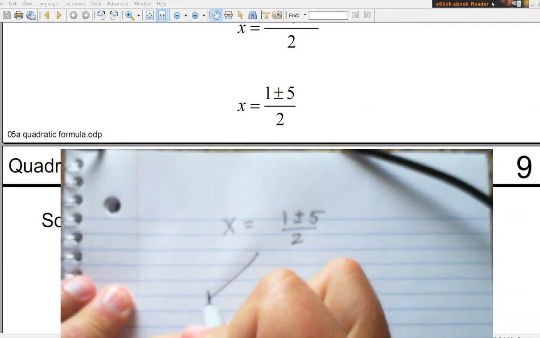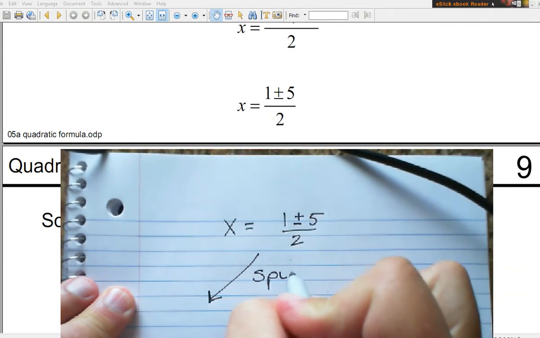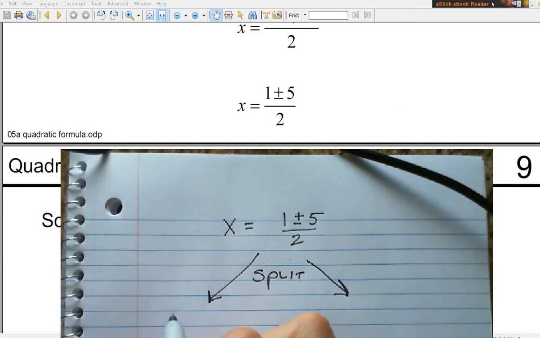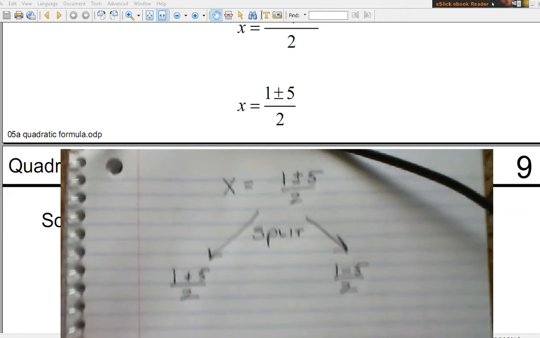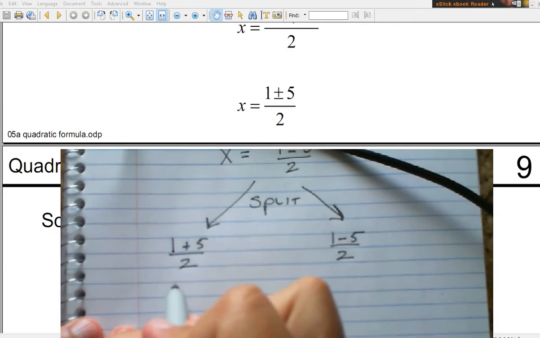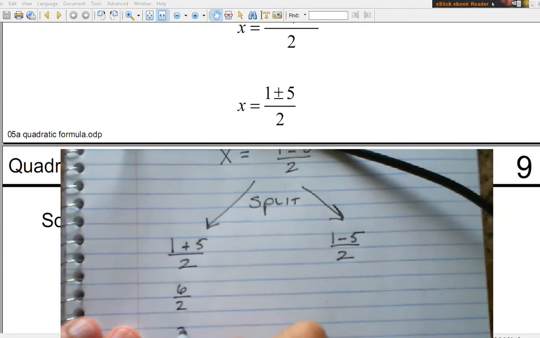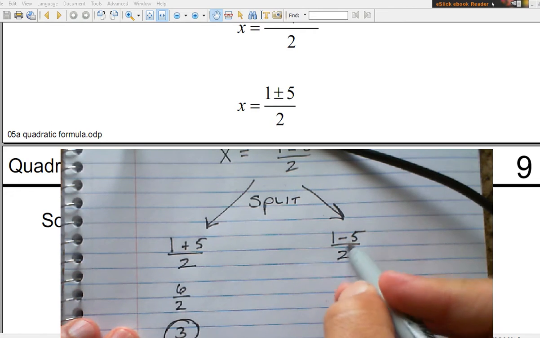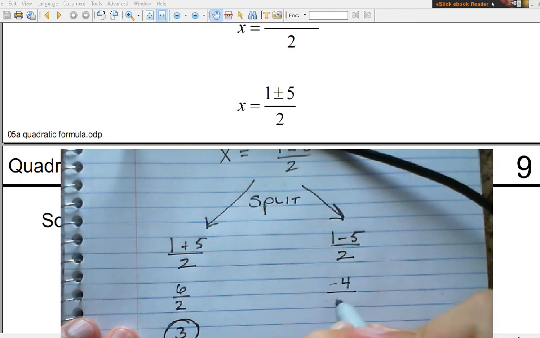And I'm going to split it right here into a positive component, so 1 plus 5 over 2, and 1 minus 5 over 2. 1 plus 5 is 6, so I have 6 over 2, which is 3. There's one of the roots. 1 minus 5 is negative 4 over 2, which is negative 2.